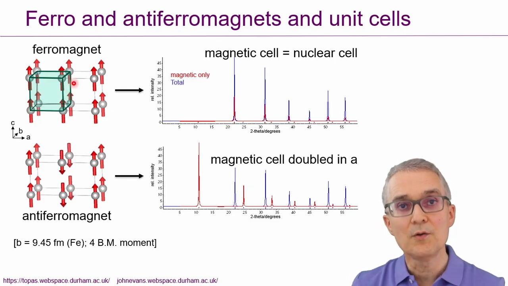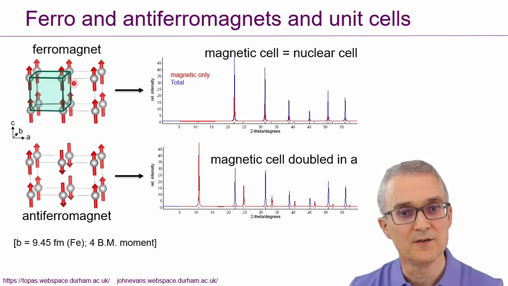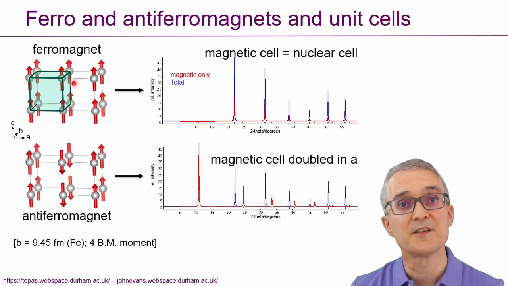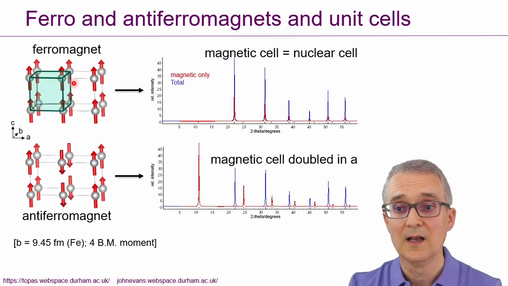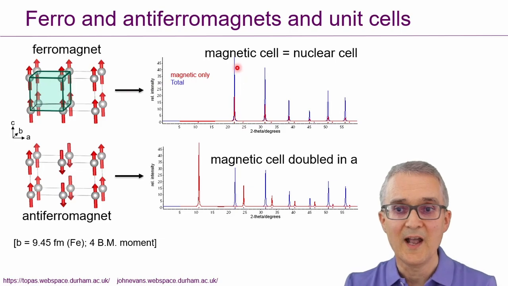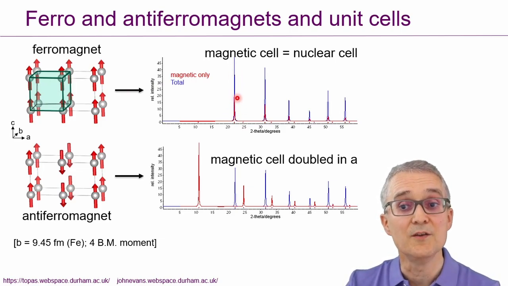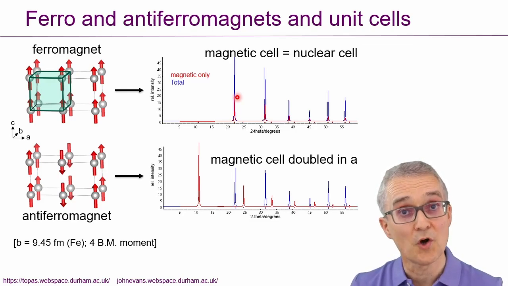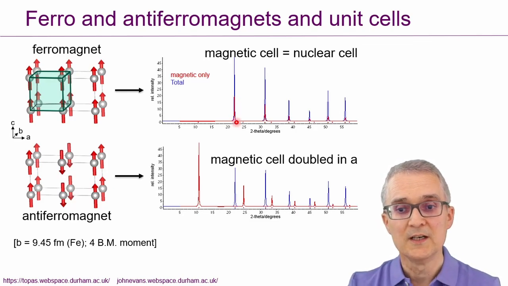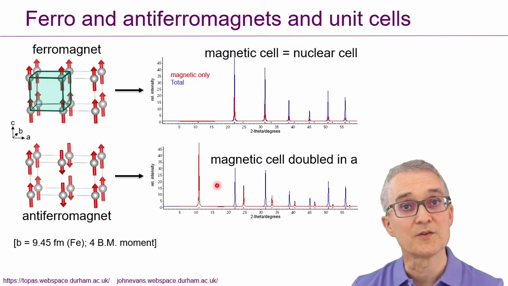So because the nuclear unit cell and the magnetic unit cell are the same, you would expect to see the magnetic and the nuclear peaks at the same values of 2 theta. And that's what we see in the simulation. Everywhere where we have a magnetic peak, we also have a nuclear contribution. So the magnetic intensities just sit on top of the nuclear intensities. In the antiferromagnetic case, at the bottom, things are different.